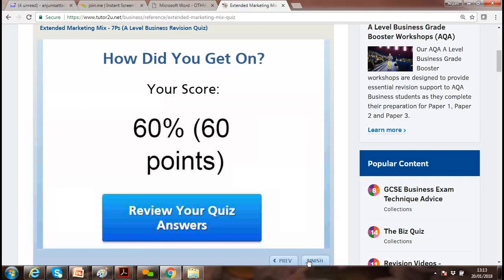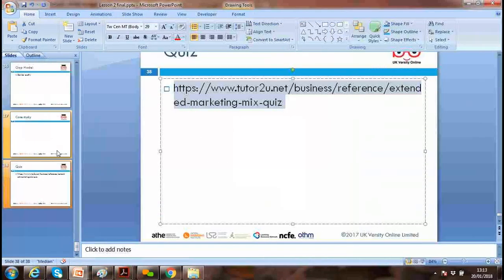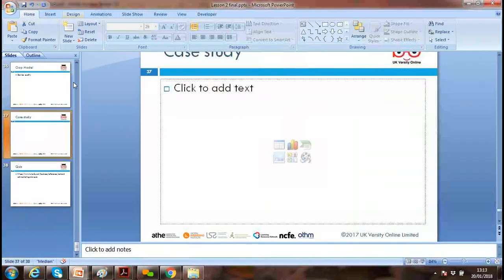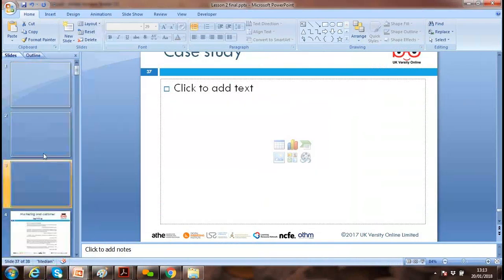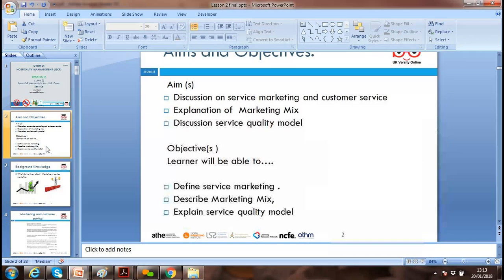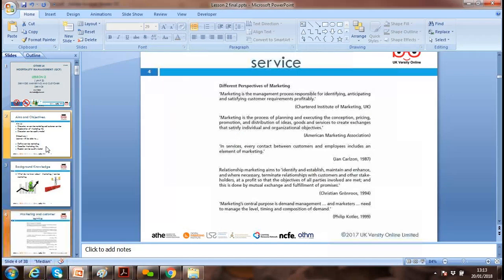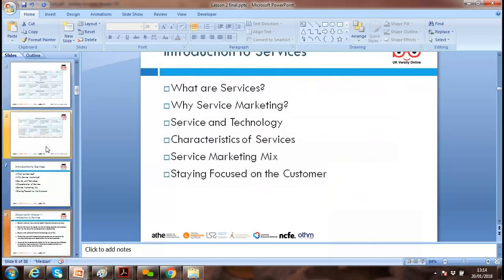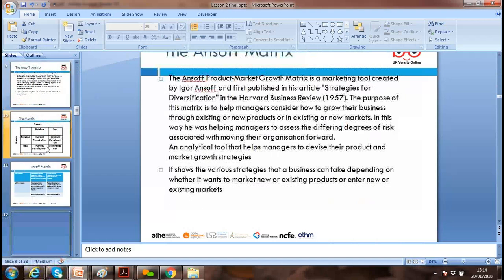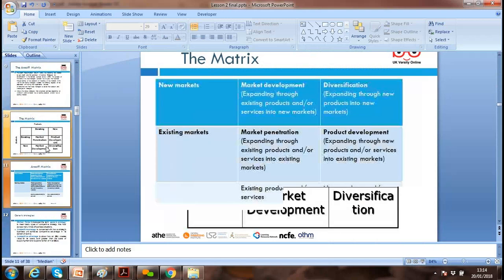Okay, so today we learned about the marketing mix. We discussed the gap model and customer service, and we went through these definitions as well. Please go through them. We discussed different marketing concepts, services, and the metrics model.